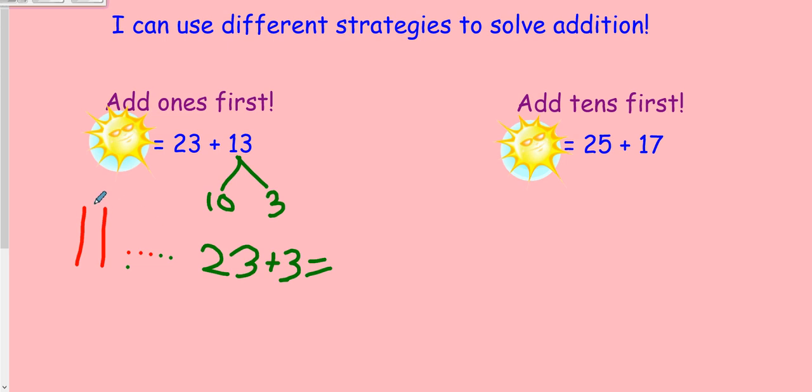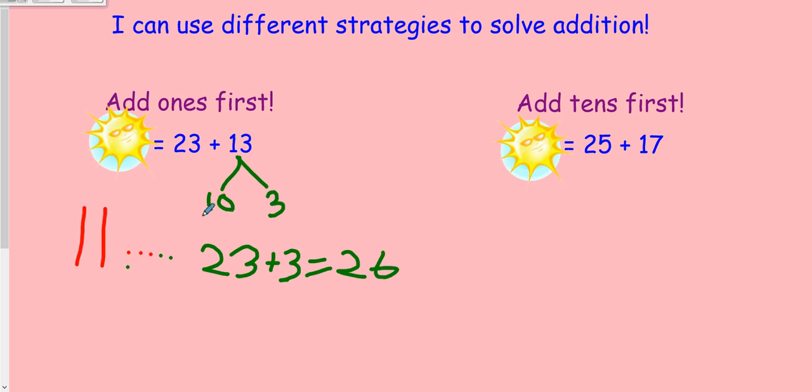Count on with me. 23, 24, 25, 26. So far, when we added our ones, we have 26. Are we finished adding our 13? No, we only added the 3 ones from 13.